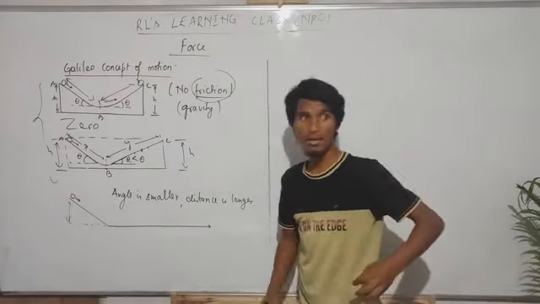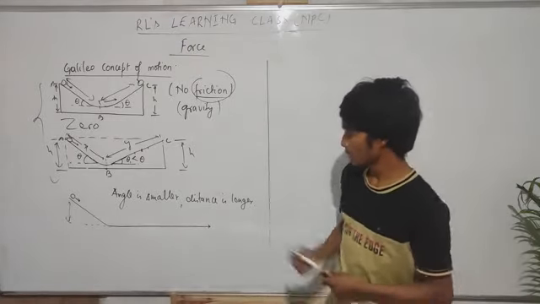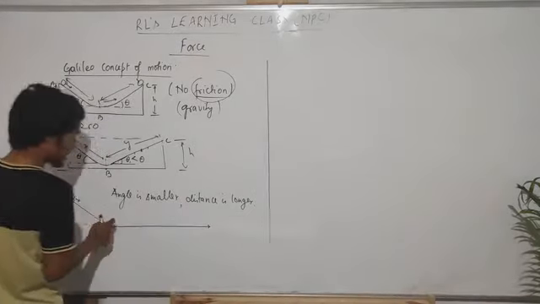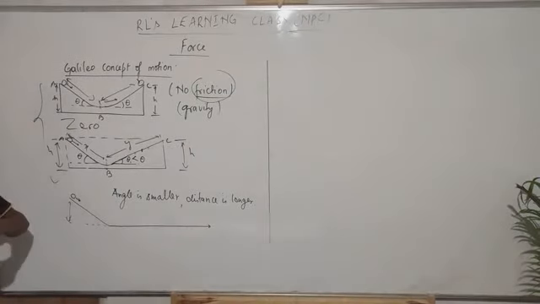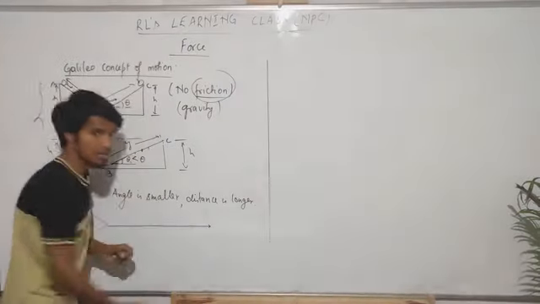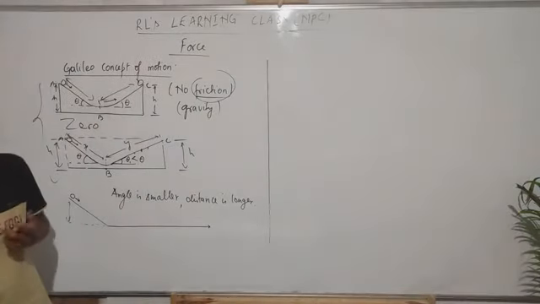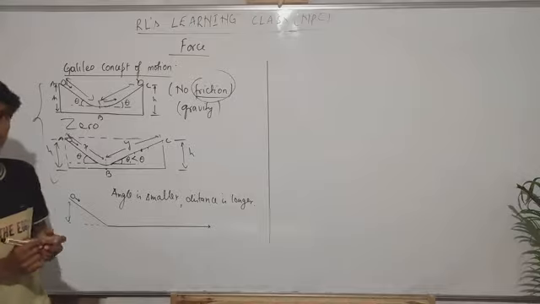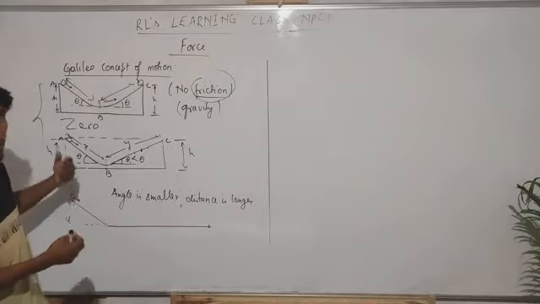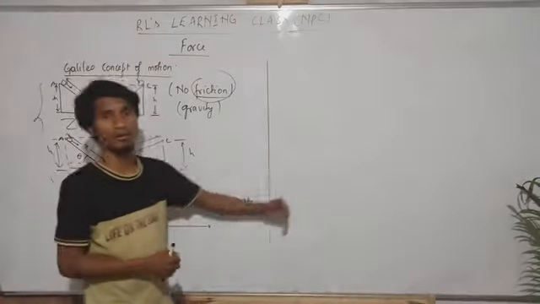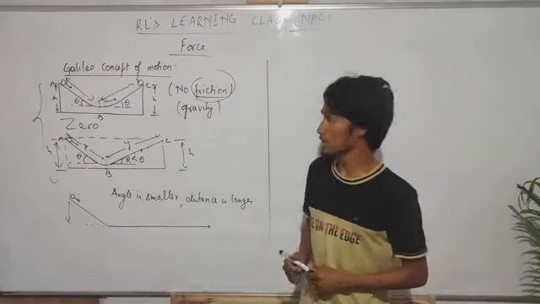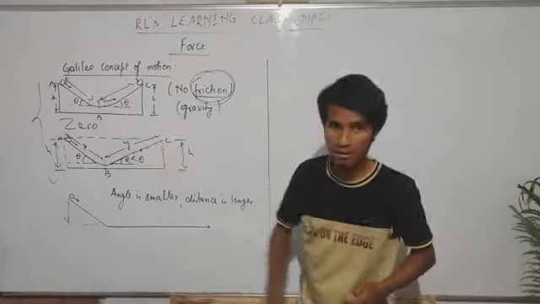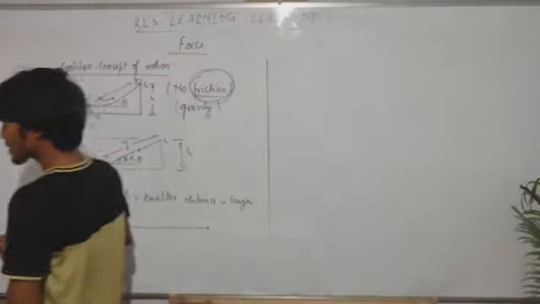If there is no friction, then the unbalanced force is 0, and the object will move forever with the same speed. It wants to attain the same height, but it never gets the same height, so it travels forever. But in reality, this does not happen, because there is always friction. That is the concept of Galileo.